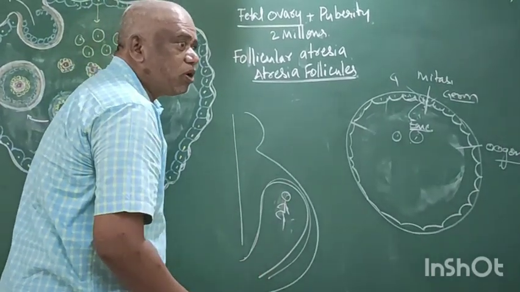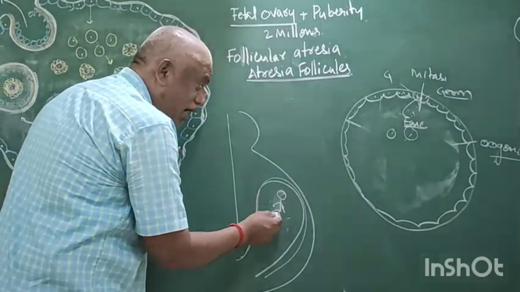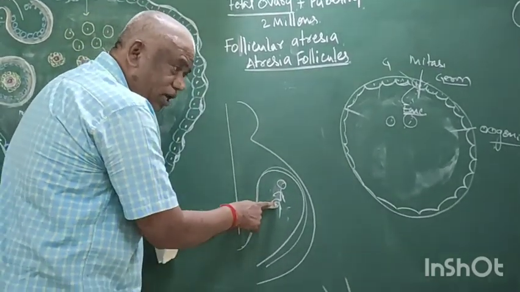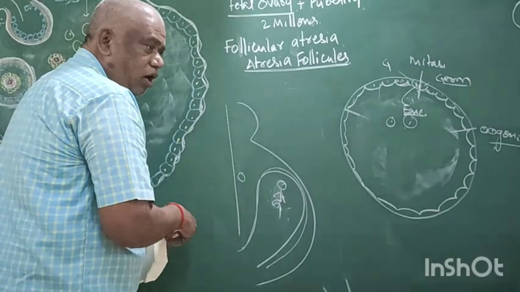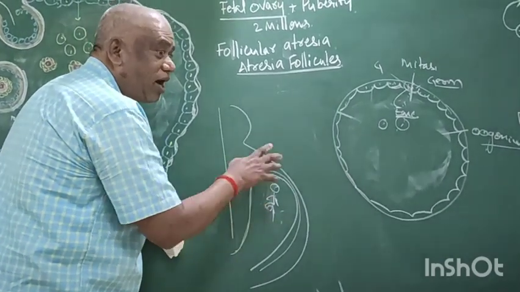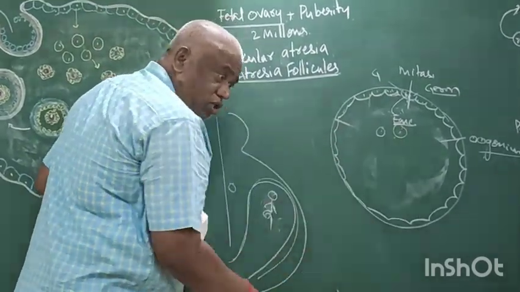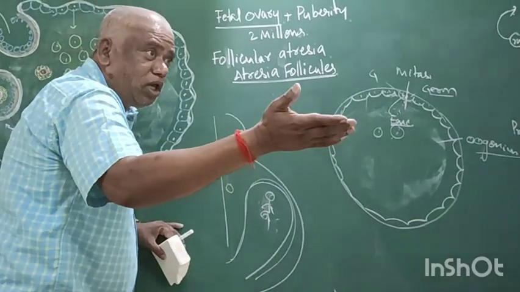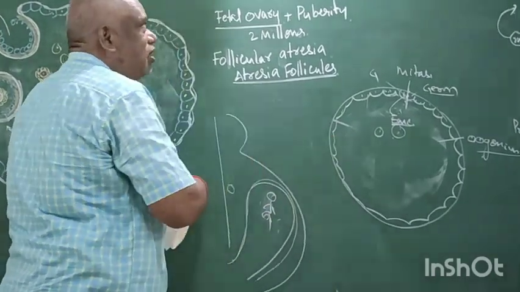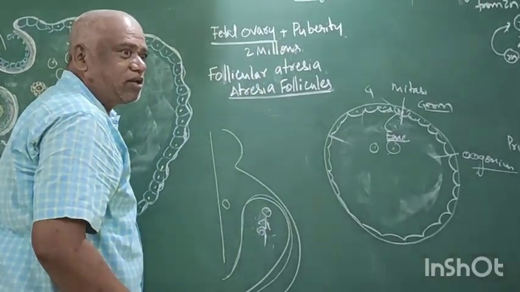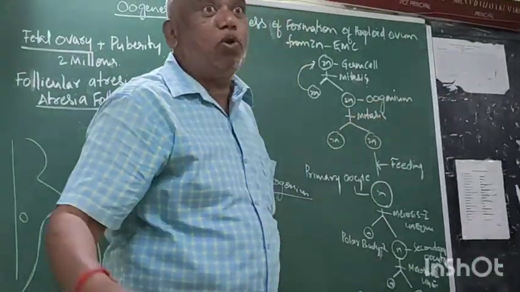The sex of the embryo may be female, may be male. If it is female, it has ovaries. Now, does this ovary belong to the fetus or the mother? I am talking about the fetal ovary. That means this oogonia formation occurs when a female is a fetus, in the fetal ovary.